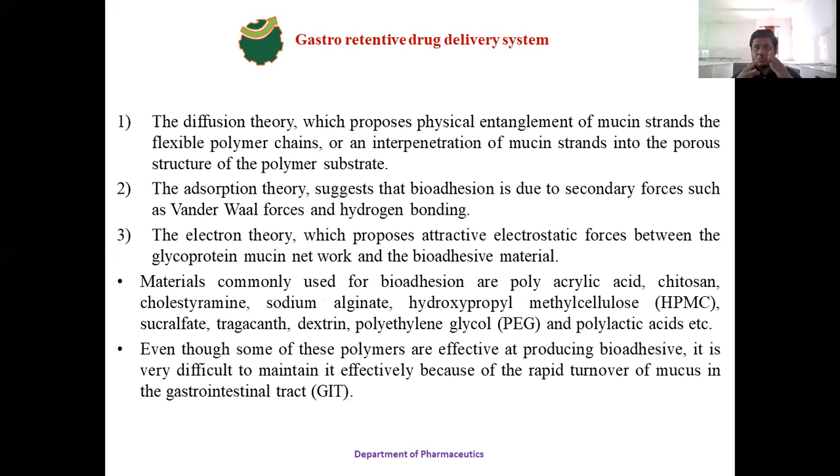Those two polymer chains, the bioadhesive polymer and the mucin, will diffuse into each other, intermingle, and then entangle.